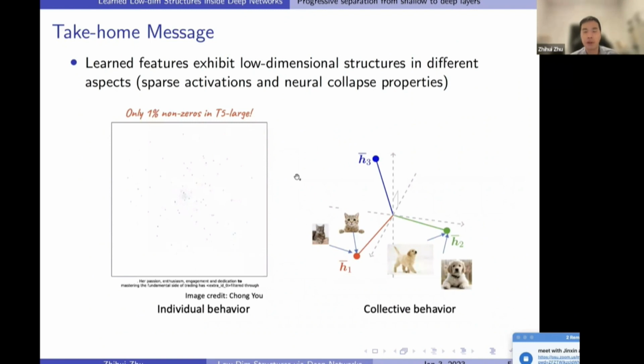To summarize, in these lectures we have talked about two perspectives, either from the individual perspective or from the collective perspective, where low-dimensional structures emerge in the learned features.